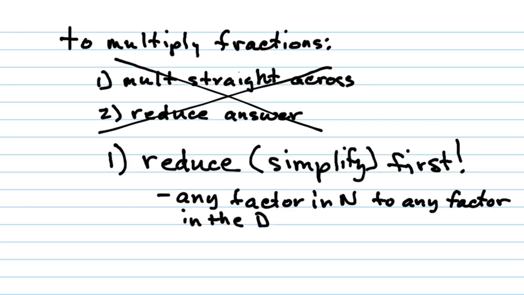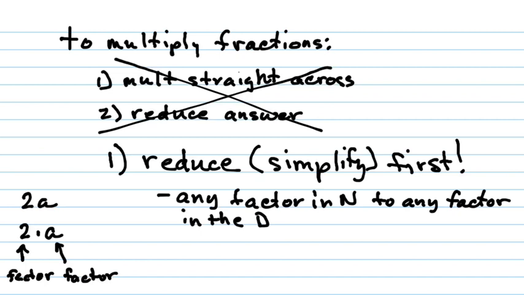Okay? Any factor. Remember, factors mean things that are multiplied together, like 2a. So the factors, that's the same as 2 times a. So 2 is a factor, and a is a factor. Right? Factor simply means anything that's connected together with multiplication.